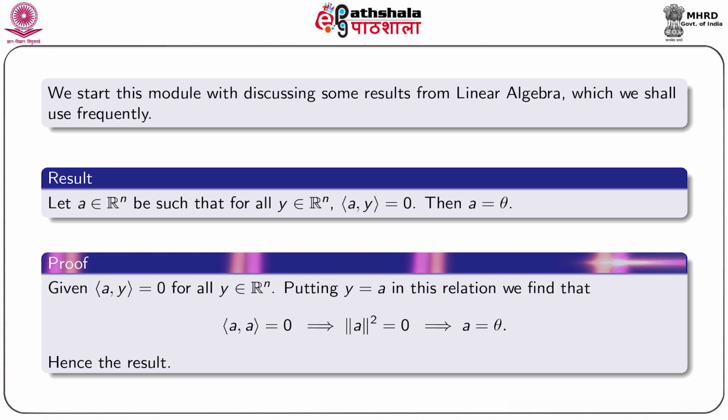Given for every y in Rn, inner product of A and y is 0. So, in particular, let us put y equal to A, so that we find inner product of A and A equal to 0, which is nothing but norm A square equal to 0. That is, norm A is 0. We know for any vector norm is 0 if and only if it is the 0 vector. So, A is the 0 vector.